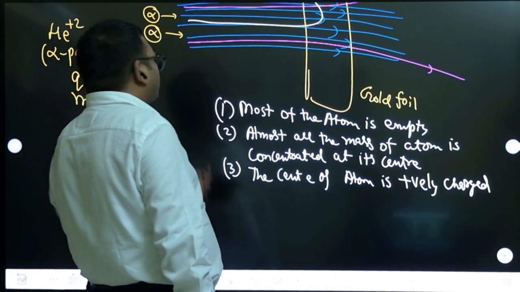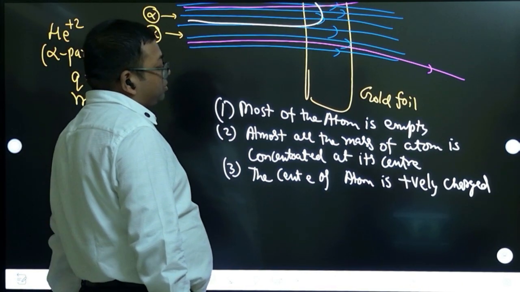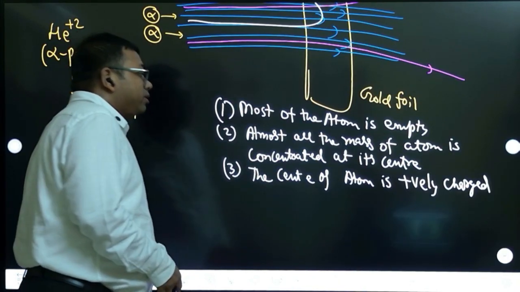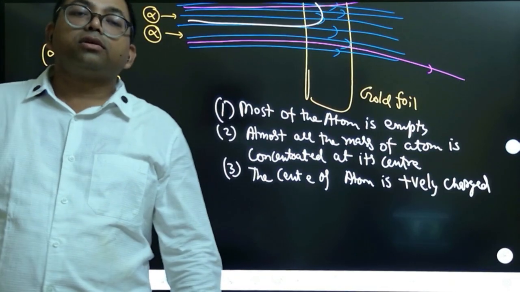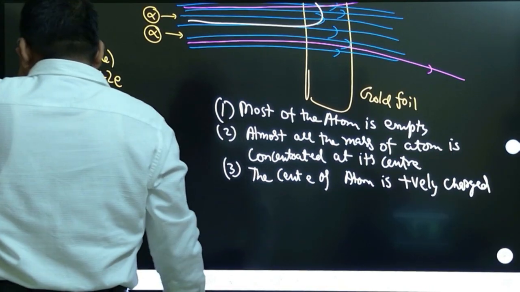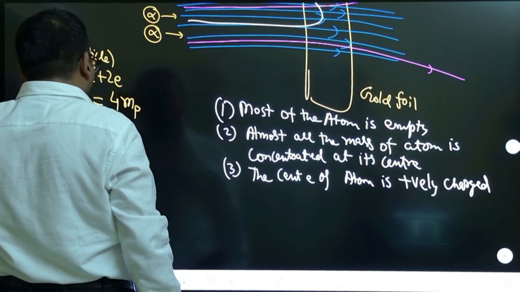So he gave the planetary model, that electrons go around the nucleus and so on. Later on, in the history of science, we can see that. But from here he concluded about the nucleus, that the nucleus is made up of positive charge, protons.